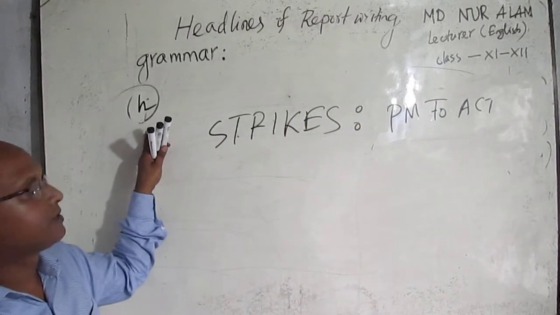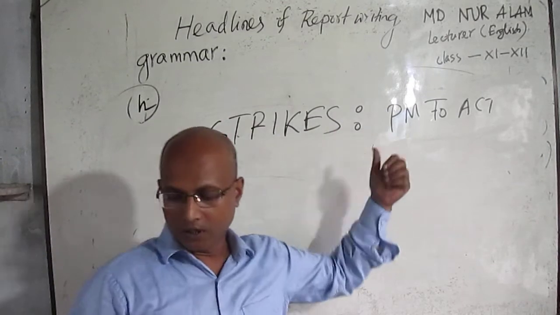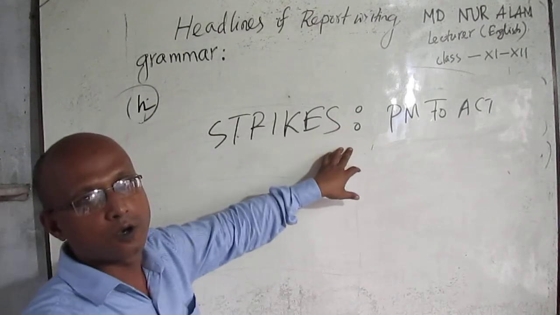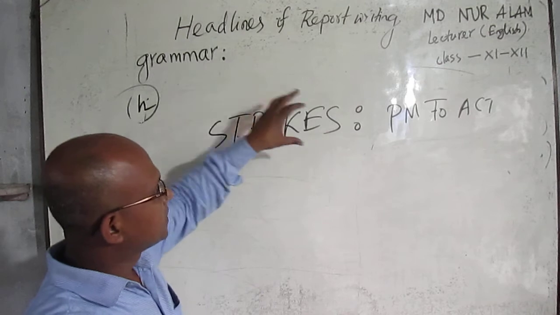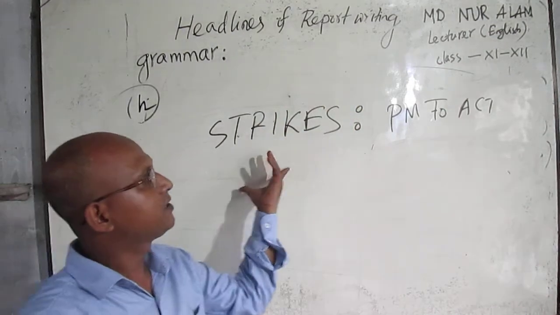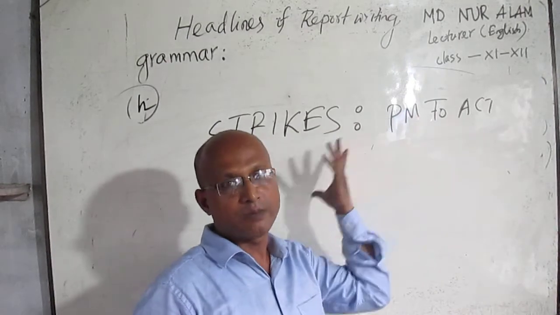Rule number 8. This is what we normally say colon, but actually this is called colon. Colon sign is used to separate the subject from what is being said or what was said about the subject.